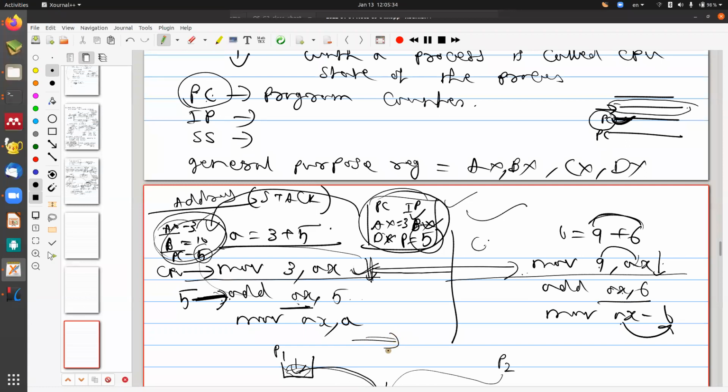The speed of the output gets reduced, which is basically called throughput.